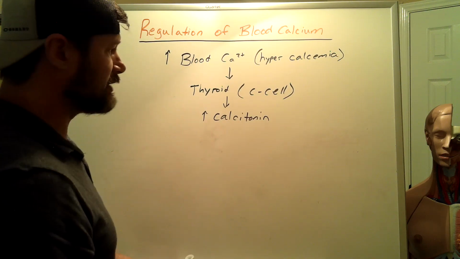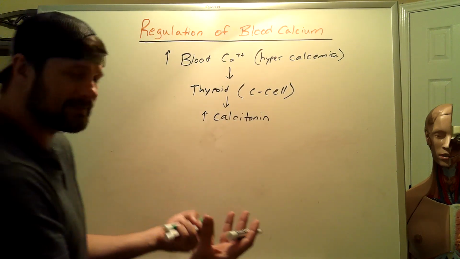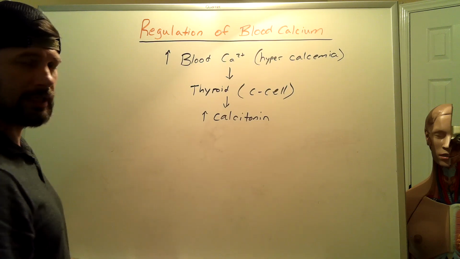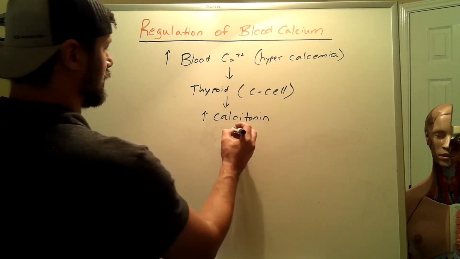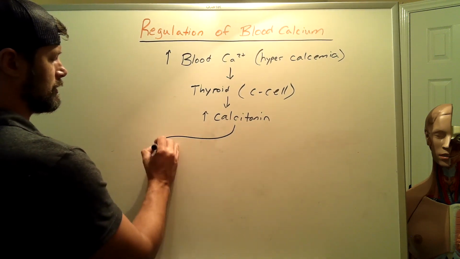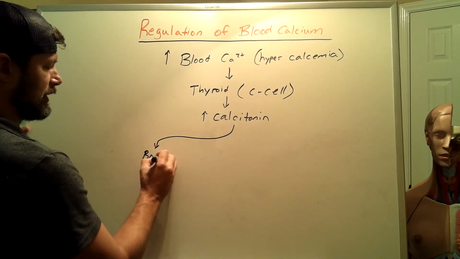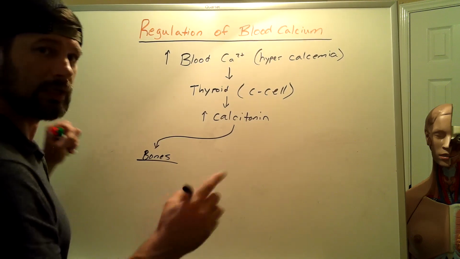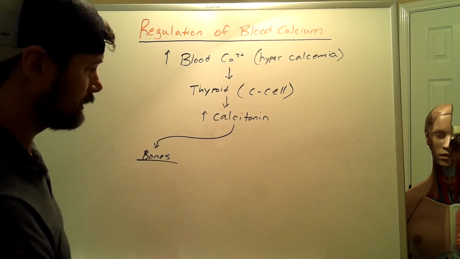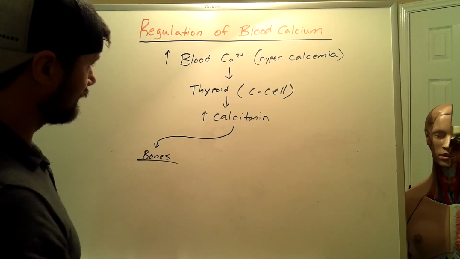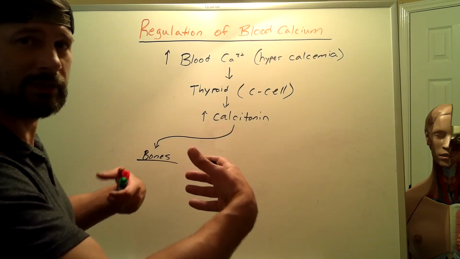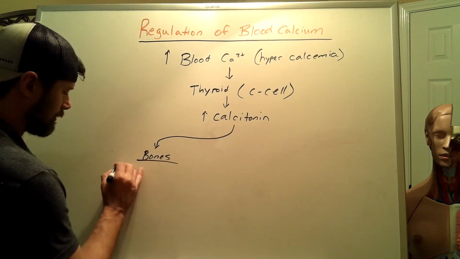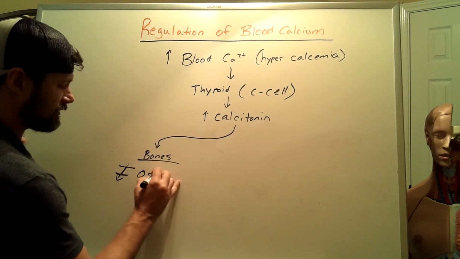What do we know the body's going to be trying to do to fix this problem? If there's an increase in blood calcium levels, the body's going to be doing everything it can to decrease blood calcium levels. How can we do that? Calcitonin can act on the bones. And at the level of the bones, how can we decrease the amount of calcium in the blood? Let's make more bone. Let's inhibit osteoclast function.